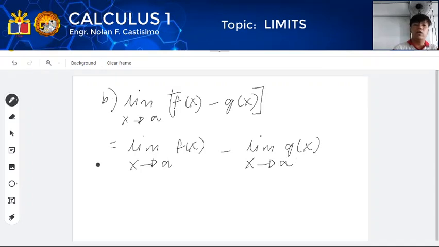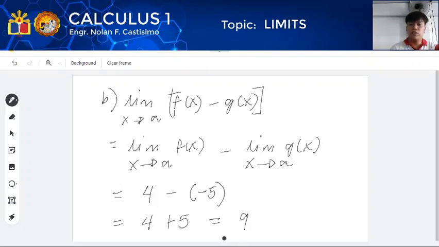Ayan. So, anong value natin ng f of x? Equivalent to 4. And then, minus, value natin ng limit of g of x is equivalent to negative 5. Ulitin ko, saan ko nakuha yung values na mga yan? Given na po yan. Okay, so 4 plus 5 is equivalent to 9. So, yan na yung final answer natin.